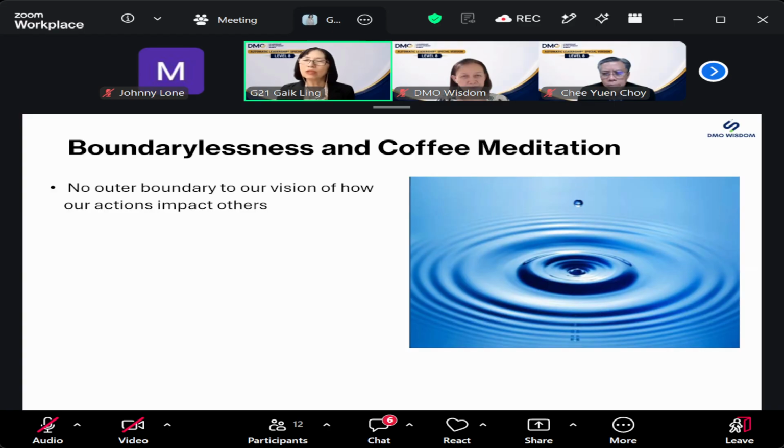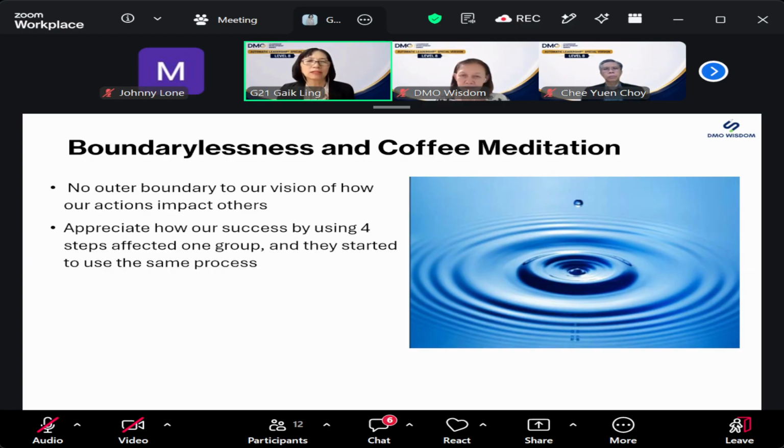We don't think that only the team that we lead is going to benefit. We want to visualize a much bigger impact, the ripple impact. By using the 4 steps in our project team, when others see us succeed, they will start to apply the 4 steps. Wow, it's very harmonious. The family is very good. The volunteers all listen to her. They are very supportive. When people see this, they will copy.